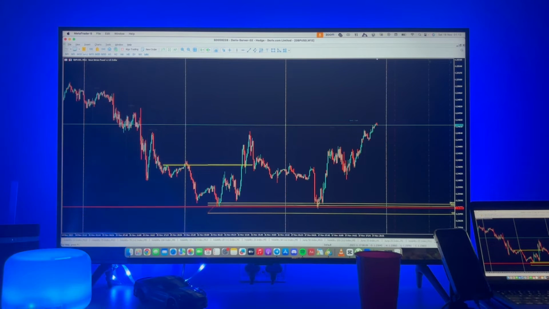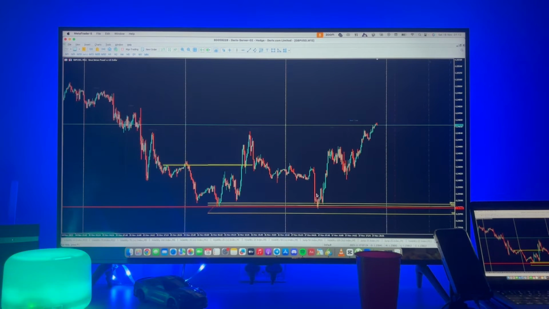Obviously, sometimes, not always, price will come to this zone or close below or break the Tokyo low. Sometimes price may reverse just a little bit above the zone, so you really have to be careful and watch out for those.